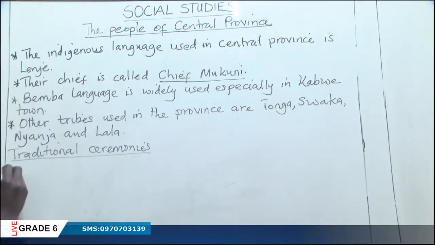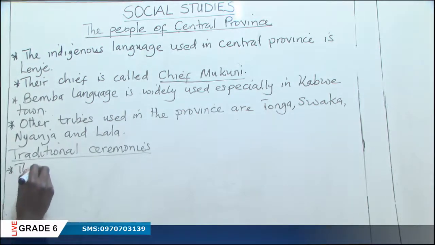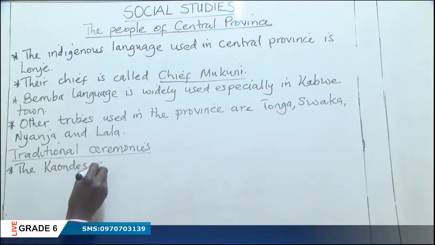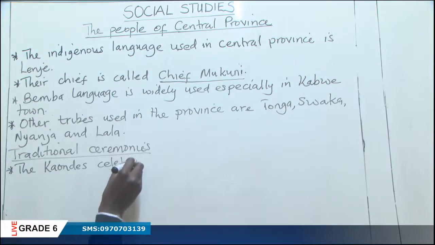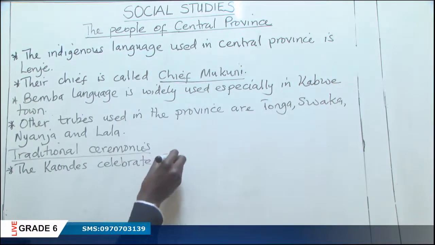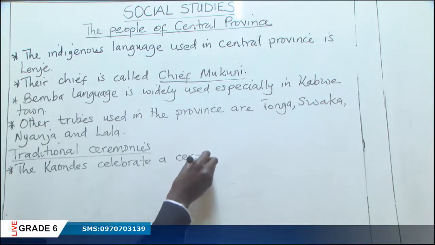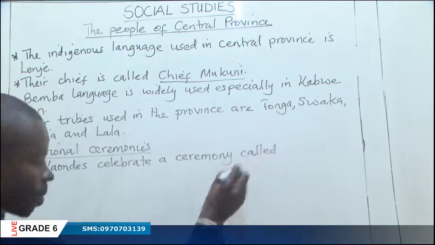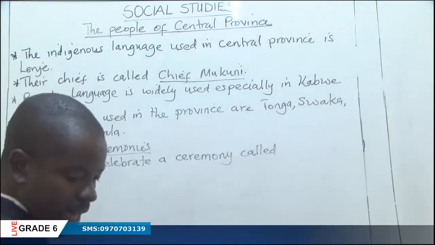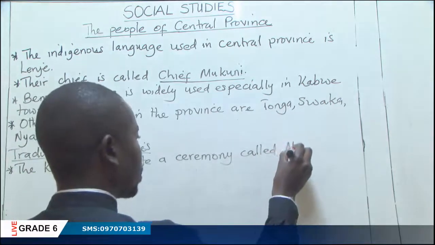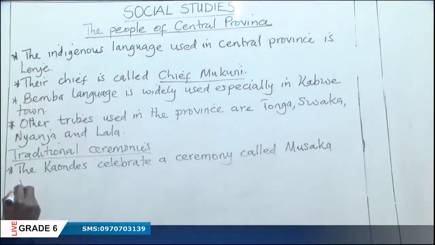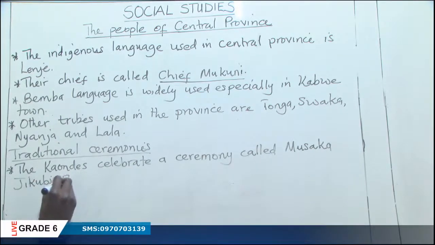The Kaondes celebrate a ceremony called Musaka Jikuvi in September.